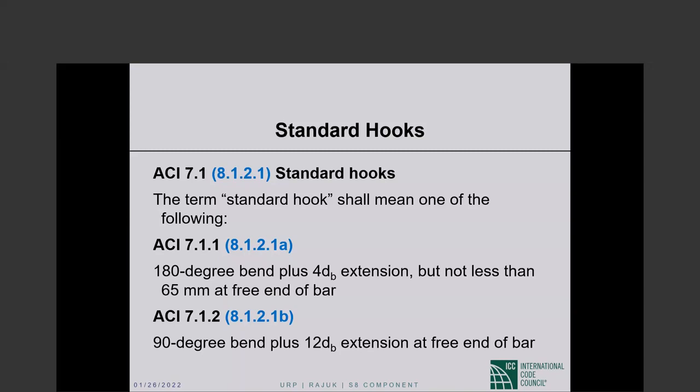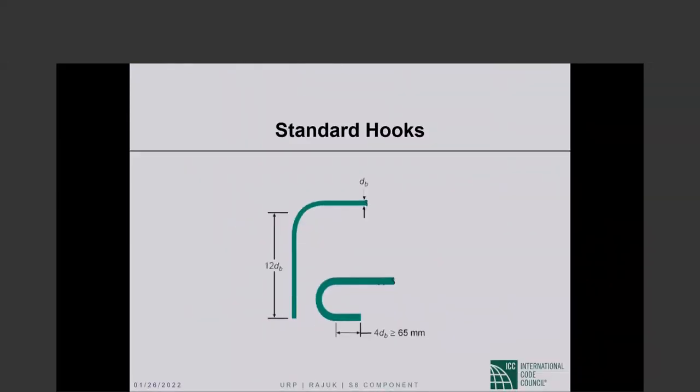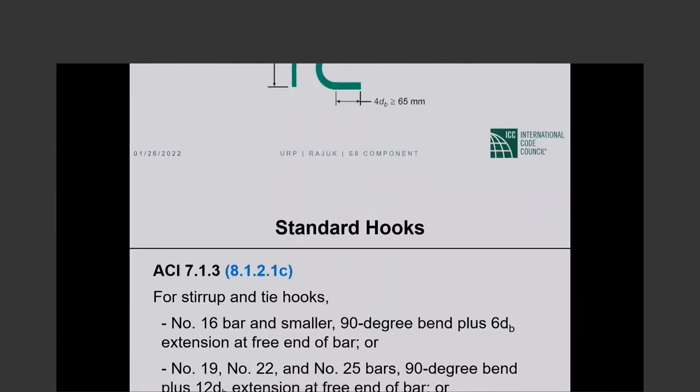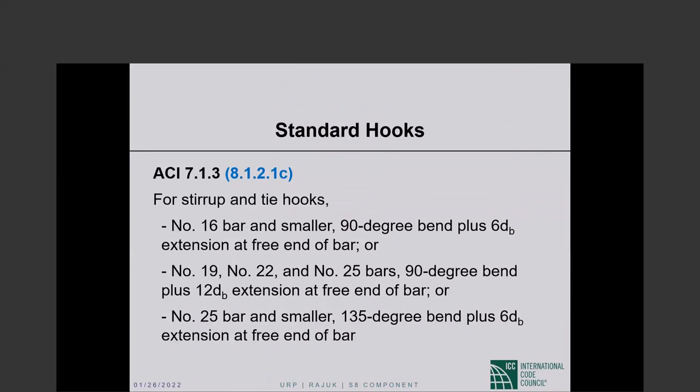Or a standard hook can be a 90-degree bend plus 12-bar diameter extension at the free end of the bar. So both are standard hooks according to ACI 318.